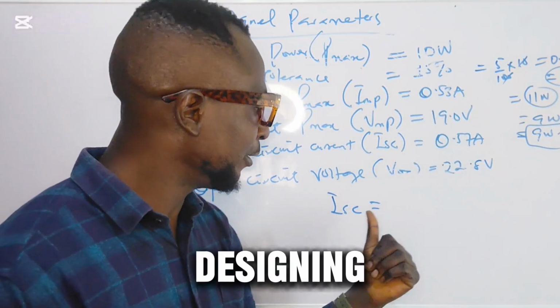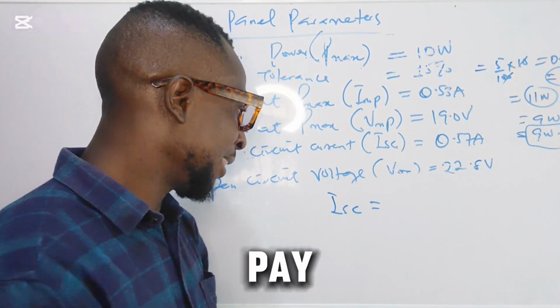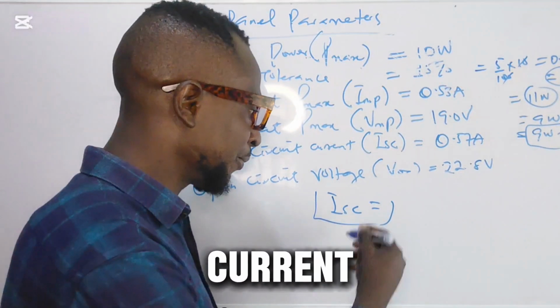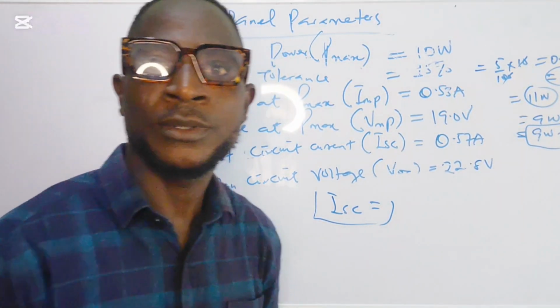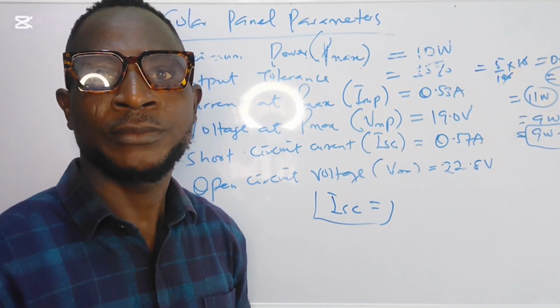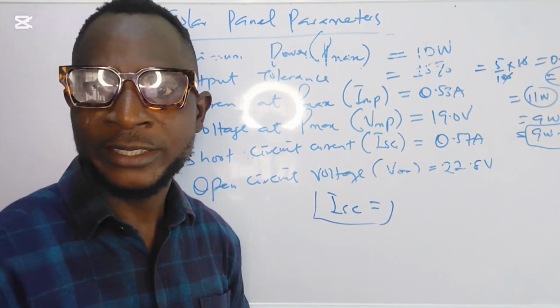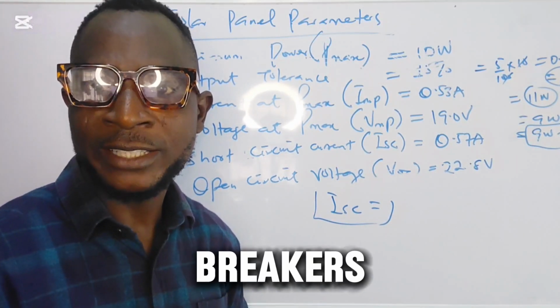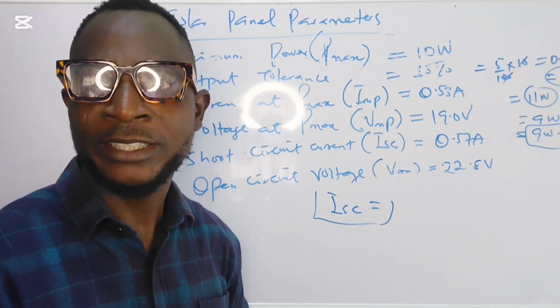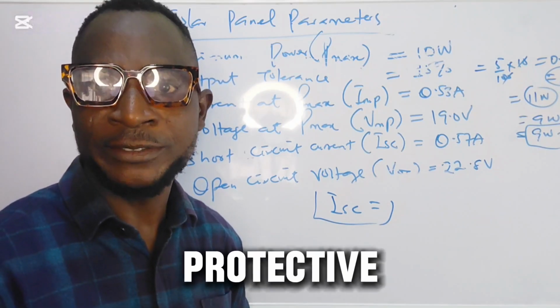If you are designing your system, you should pay attention to this short circuit current. It should be used to determine your cable size, the size of your breakers, and your surge protective devices.